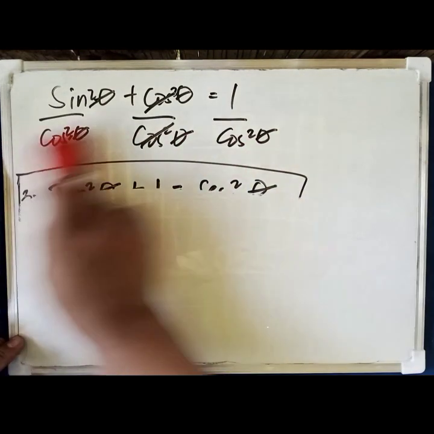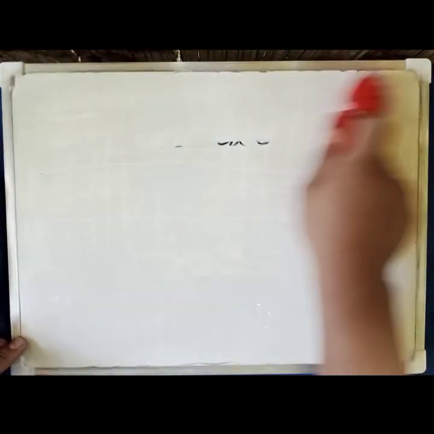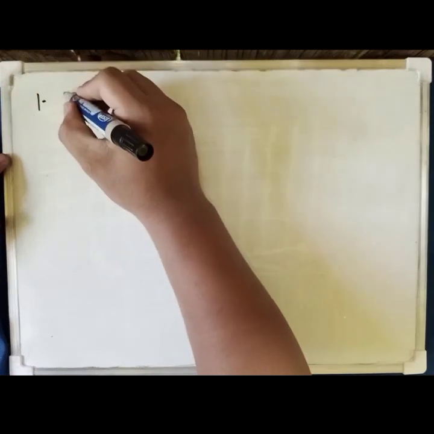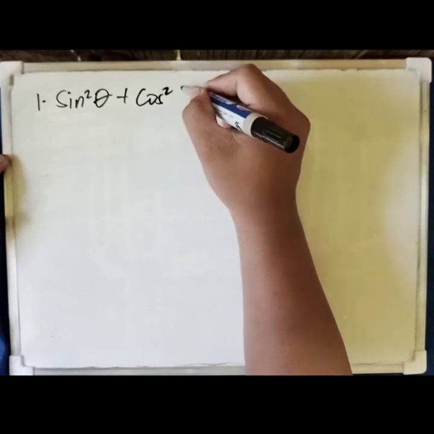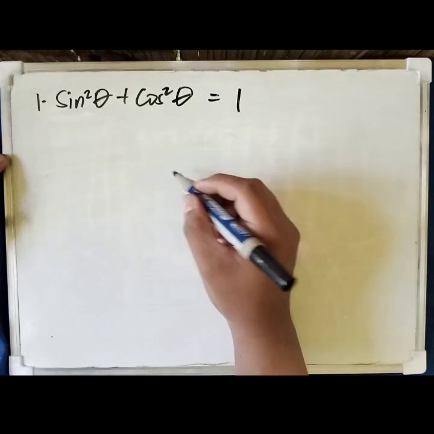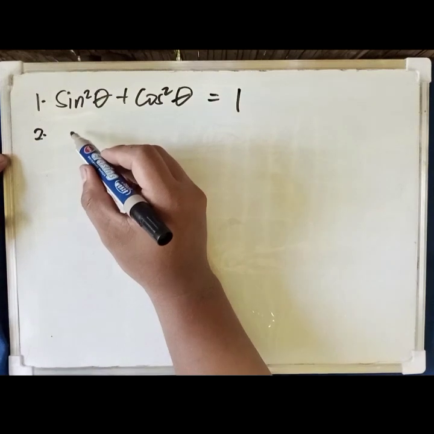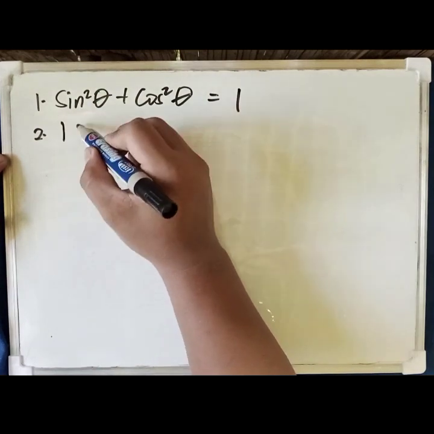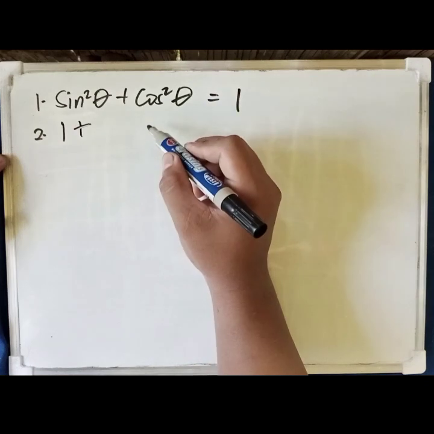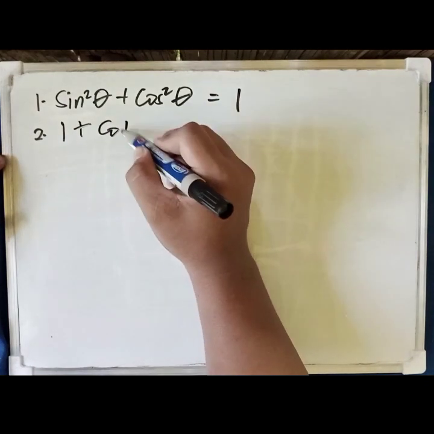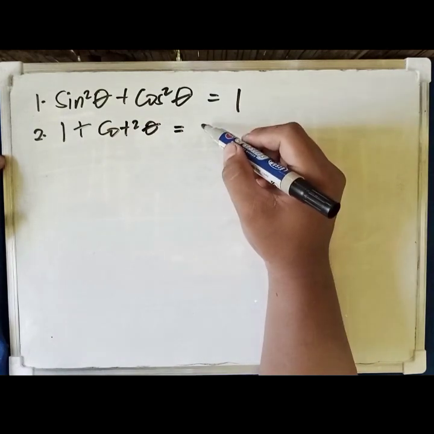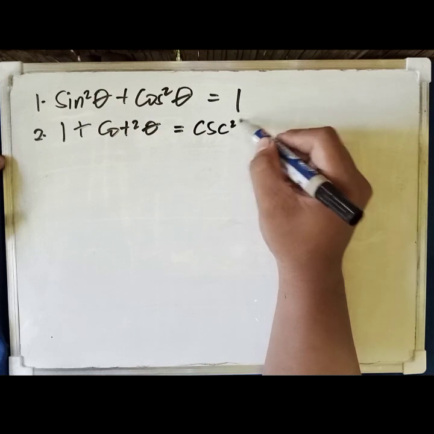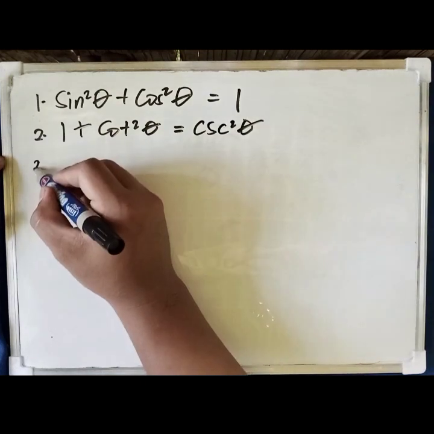Then let us recall all of our derived identities. First one, sine squared theta plus cosine squared theta equals 1. And the second is 1 plus cotangent squared theta equals cosecant squared theta.